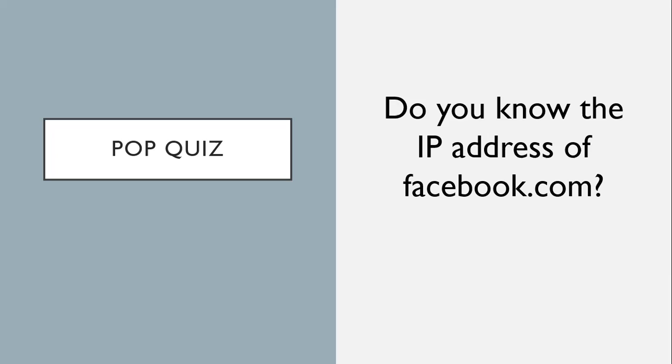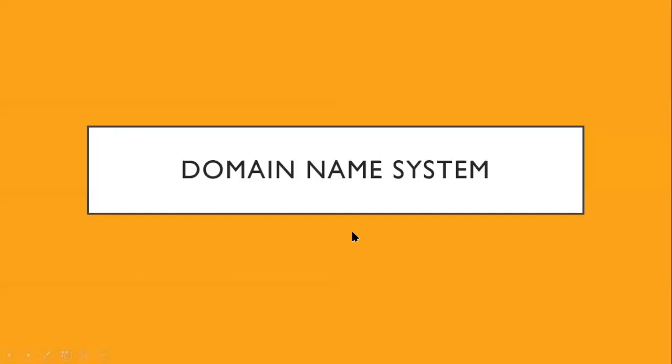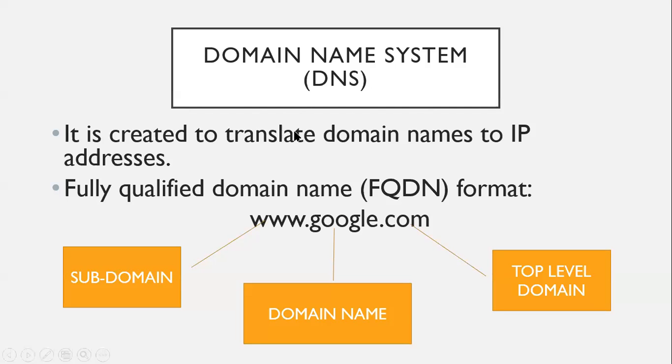So what the Internet Engineering Task Force did is create the domain name system, which is one way to help people access web services or internet services without trying to remember IP addresses, because it's much easier for us to remember names. So how does the domain name system work? The domain name system translates your domain names to IP addresses.